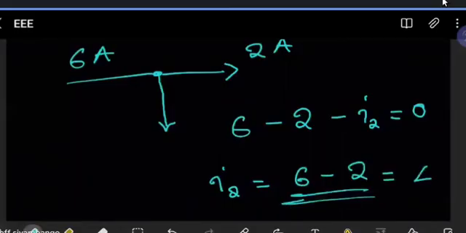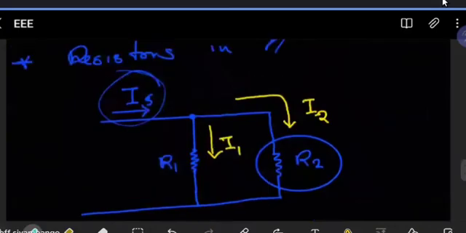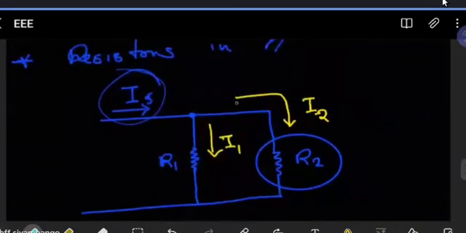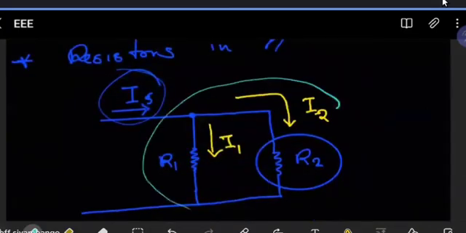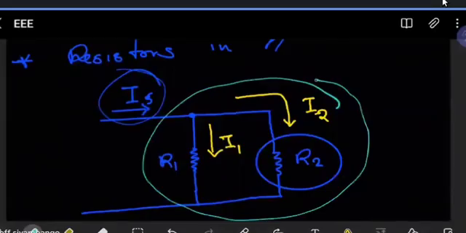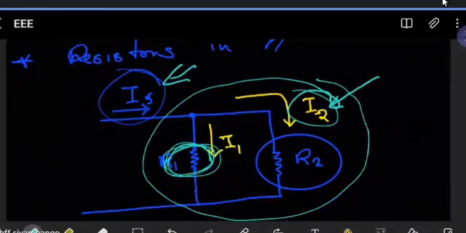This will also give you 4 amps, meaning that if the 2 resistors are sharing, like the way we had here, if 2 resistors here are sharing that IS, if you can find I2, there is no need for you to use the current division to find I1. Just subtract I2 from the supplied one. The rest will be what was passing there.